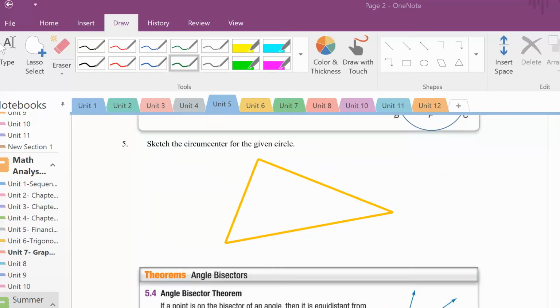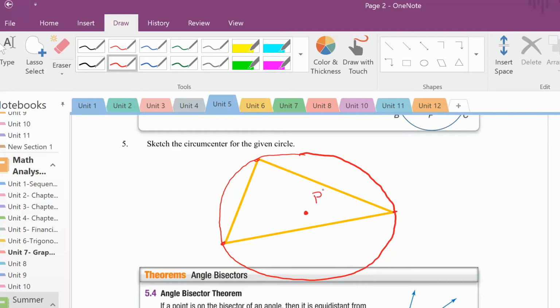So here we'll make a rough sketch of a circumcenter. So we first have to draw a circle that is circumscribed, meaning it's going to touch all three vertices. Okay, so there, came close. So it touches all three vertices. And then the center of the circle would be here.